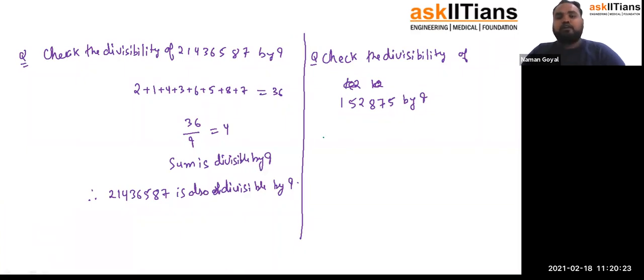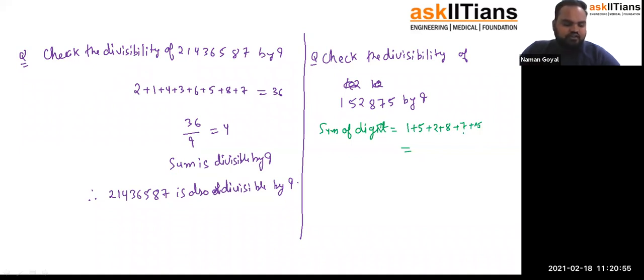So we have to find the sum of digits first. 1 plus 5 plus 2 plus 8 plus 7 plus 5, right? 1 plus 5, 6. 6 plus 2, 8. 8 plus 8, 16. 16 plus 7 is 23. And 23 plus 5 is 28. So the sum is 28, and we know that 28 is not divisible by 9.